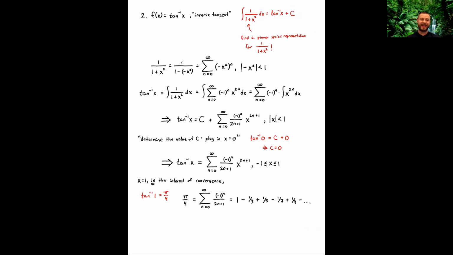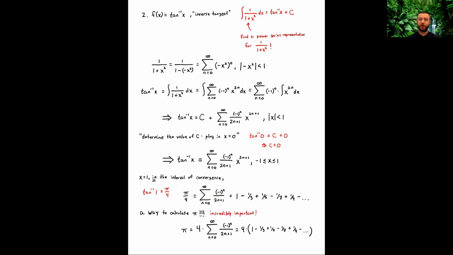If you plug in x equals 1 to that power series representation for inverse tangent, what you get is an incredibly important infinite series. You get an infinite series for pi over 4, which is alternating. Notice the infinite series contains 1, minus, plus, minus, and it's basically reciprocals of the odd numbers.